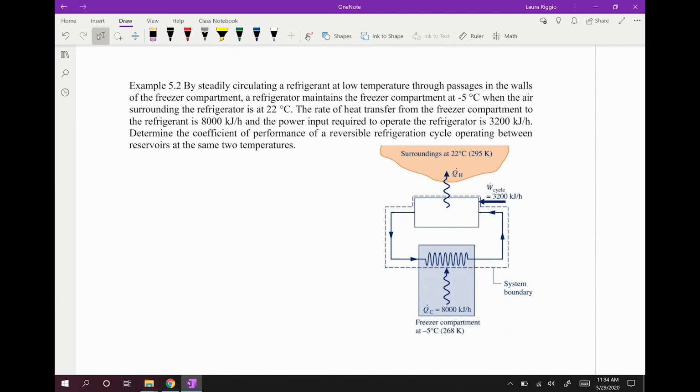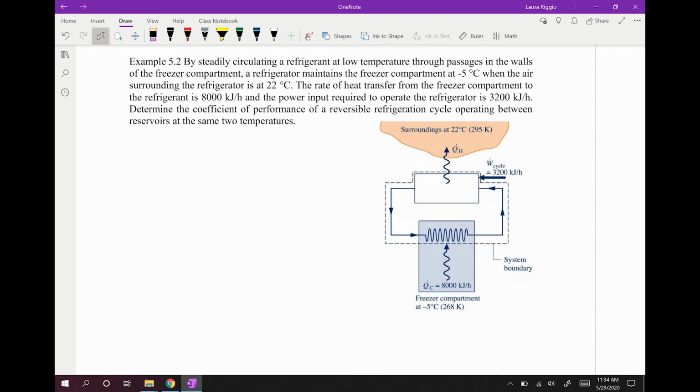The next example we're going to do is one for a freezer. By steadily circulating a refrigerant at low temperature through passages in the walls of the freezer compartment, a refrigerator maintains the freezer compartment at -5 degrees Celsius. When the air surrounding the refrigerator is at 22 degrees Celsius, the rate of heat transfer from the freezer compartment to the refrigerator is 8,000 kilojoules per hour, and the power input required to operate the refrigerator is 3,200 kilojoules per hour.